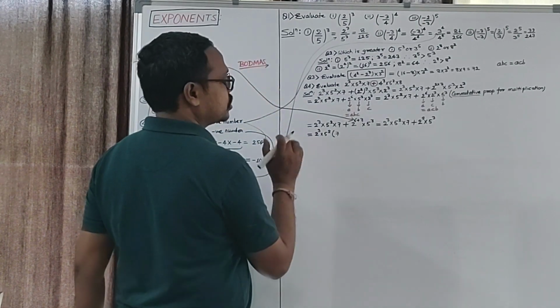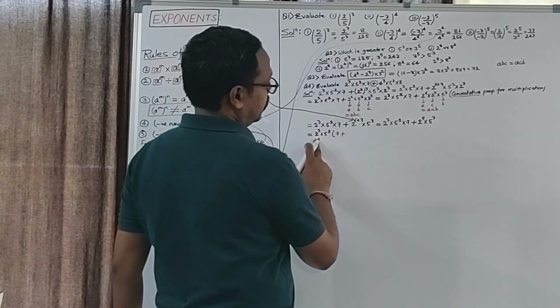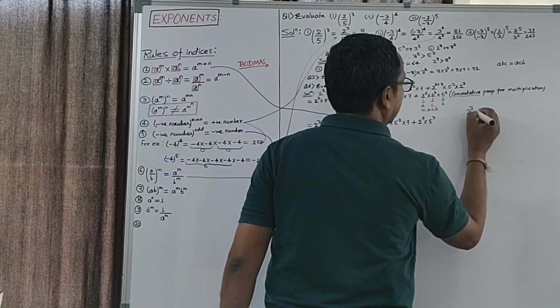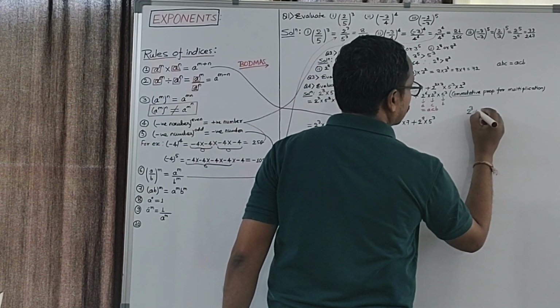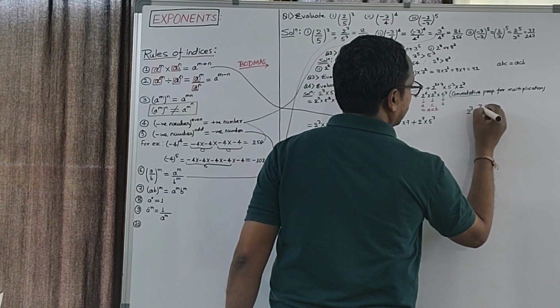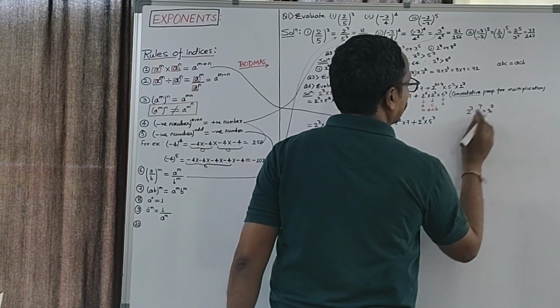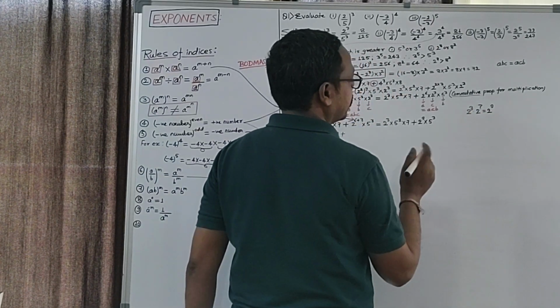And plus 2 to the power 3 into 2 to the power what will give you 2 to the power 9?